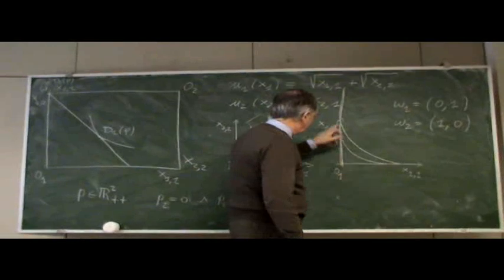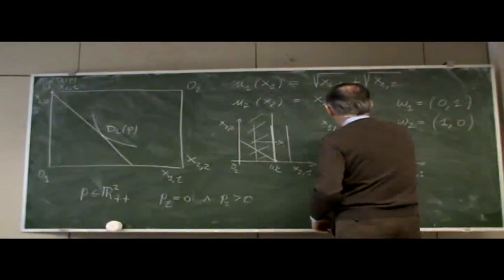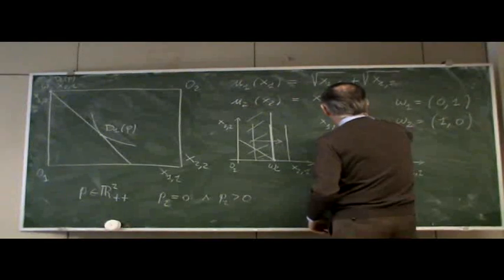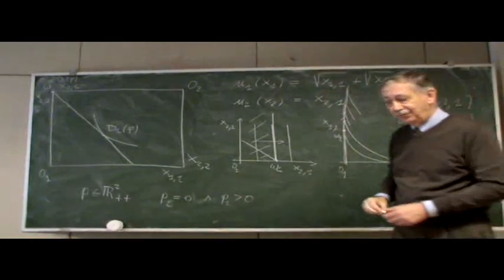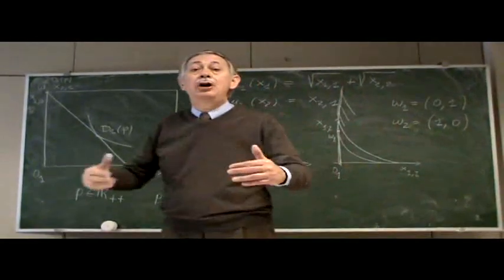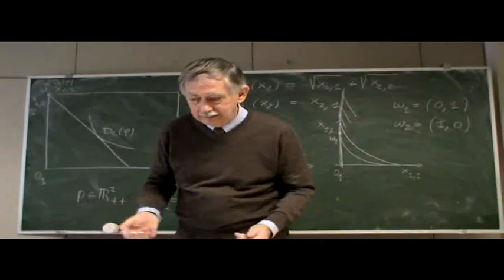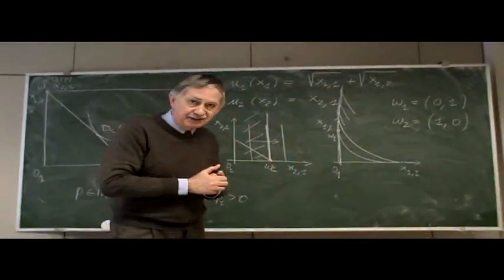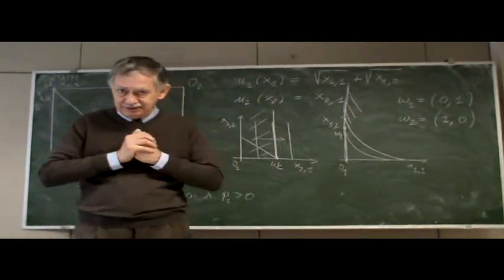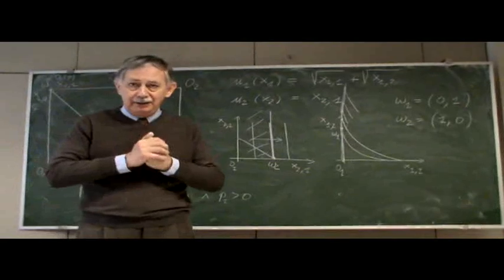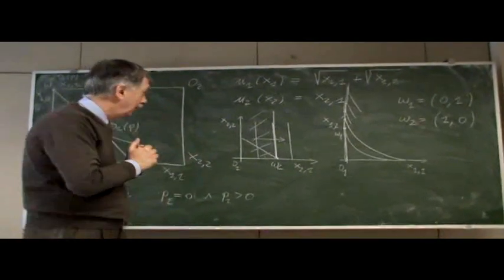But note that you can move to higher and higher indifference curves, because all have this form, so it is not possible to maximize utility. In this particular case, when one of the prices is equal to 0, there is no maximum utility for consumer 1.